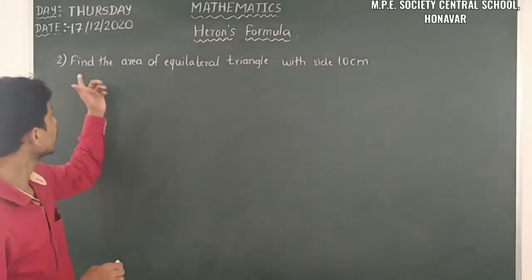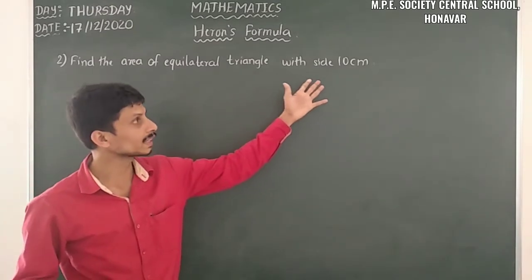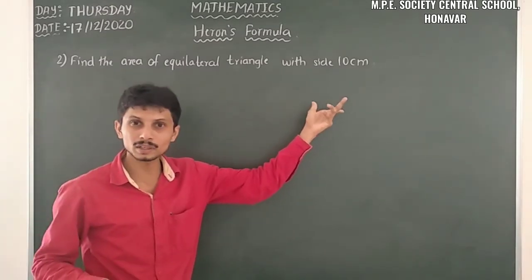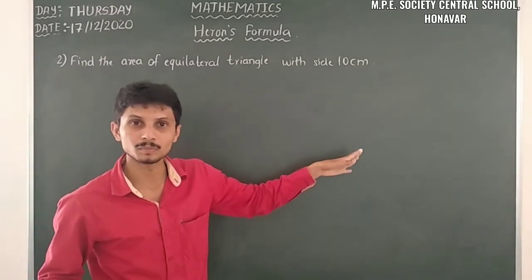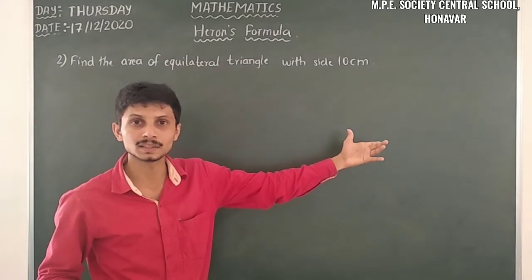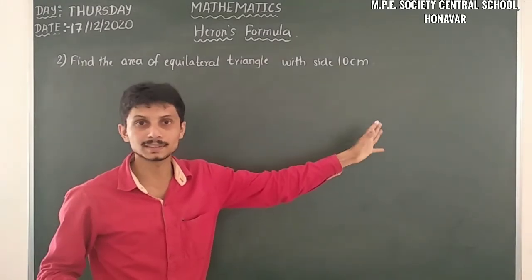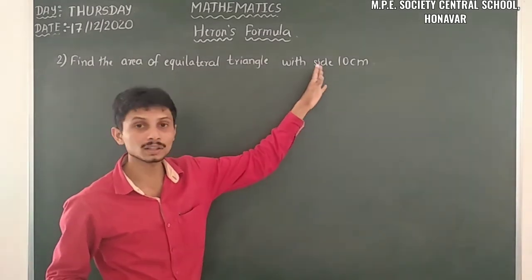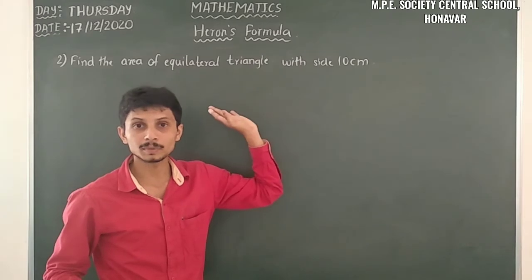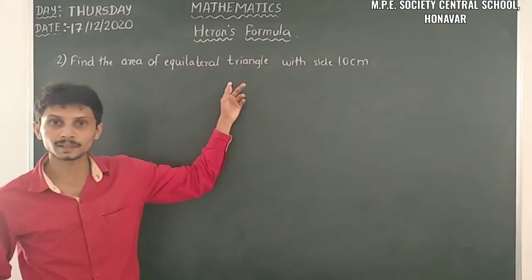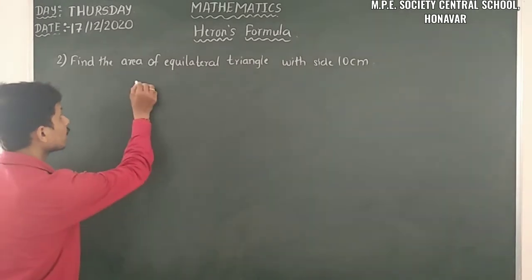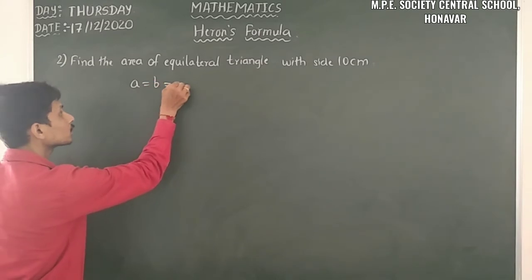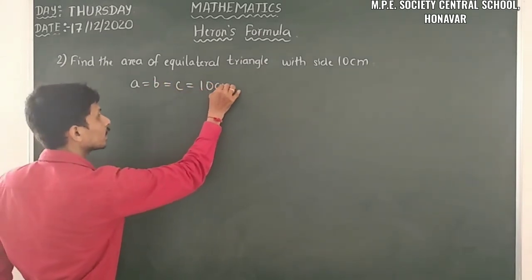Here we have to find the area of an equilateral triangle with side 10 cm. Here we have no need of a separate triangle, because we don't need to express all the sides separately. It is given that all the sides are 10 cm, because it's an equilateral triangle. So a = b = c = 10 cm.